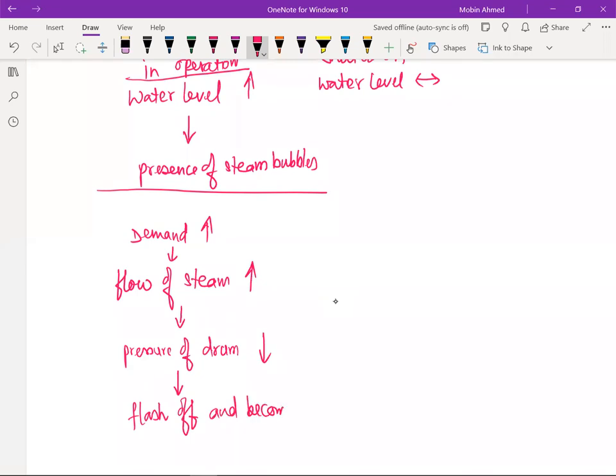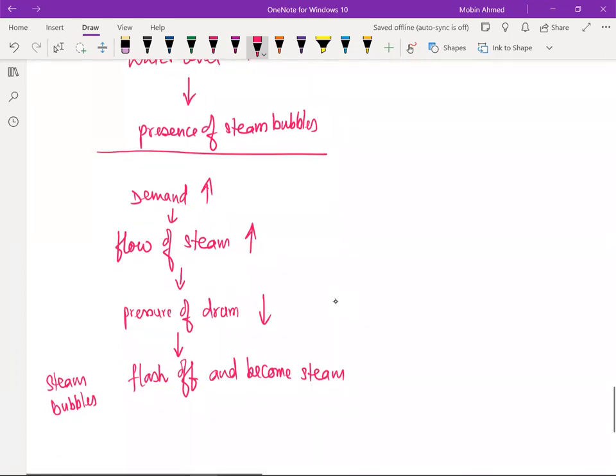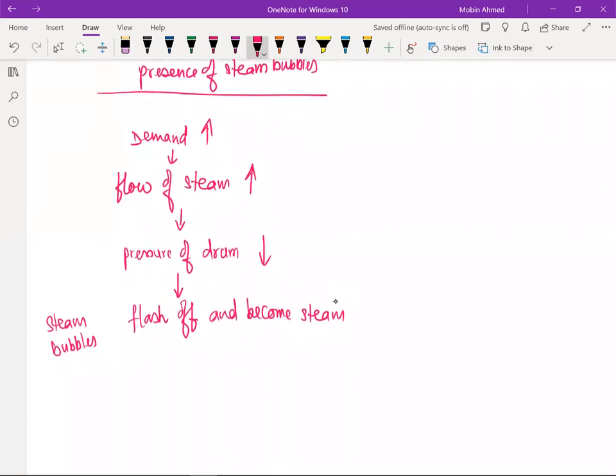We are talking about the steam bubbles, because these bubbles were suppressed due to the pressure, but now they are going to flash off and become steam. And due to this, what will happen? The water level will rise. It is going to rise.